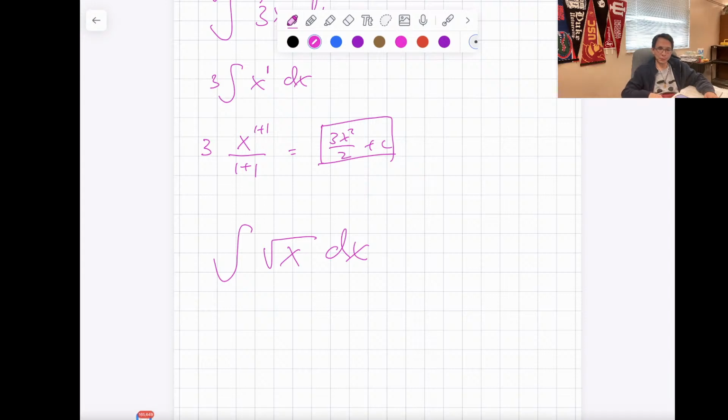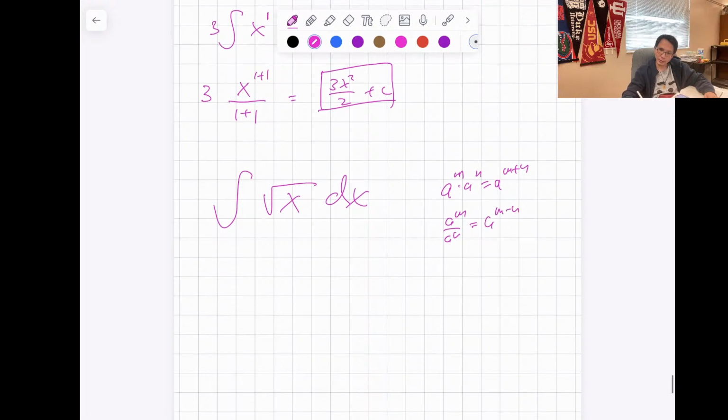So remember that rule of algebra 1: a to the m times a to the n is equal to a to the m plus n. A to the m over a to the n is equal to a to the m minus n. Anything to the 0 power is equal to 1.